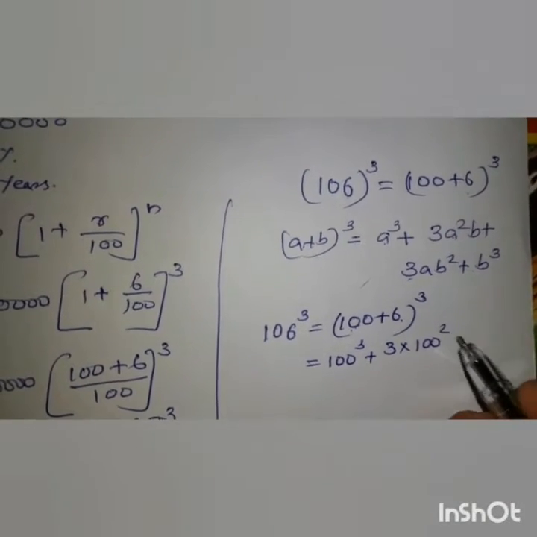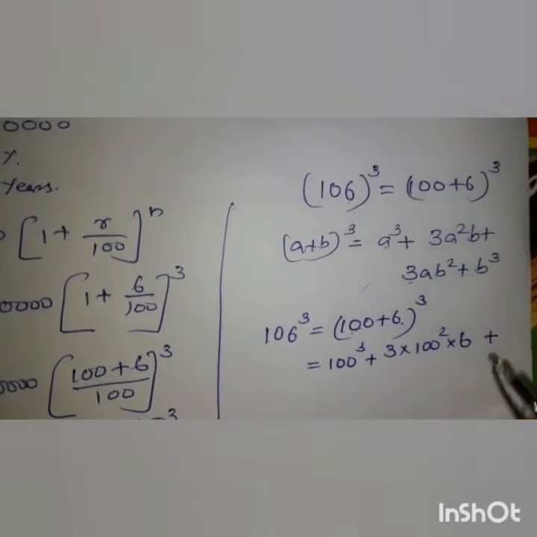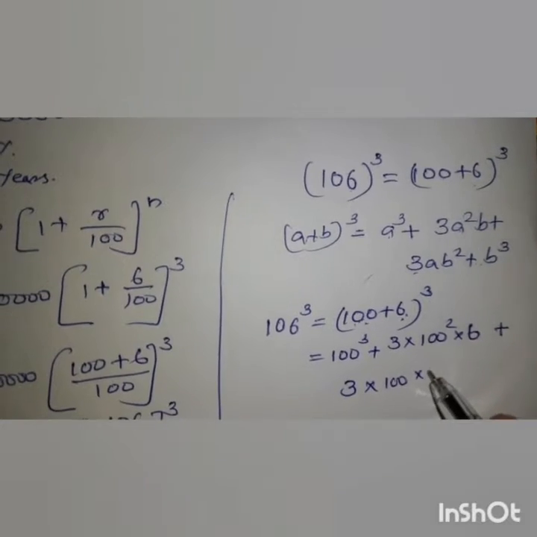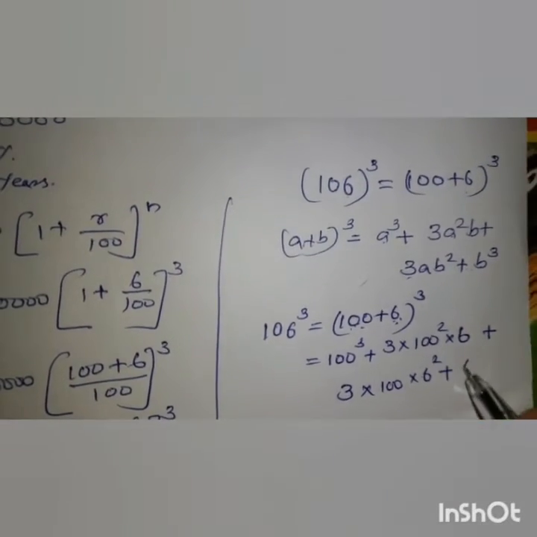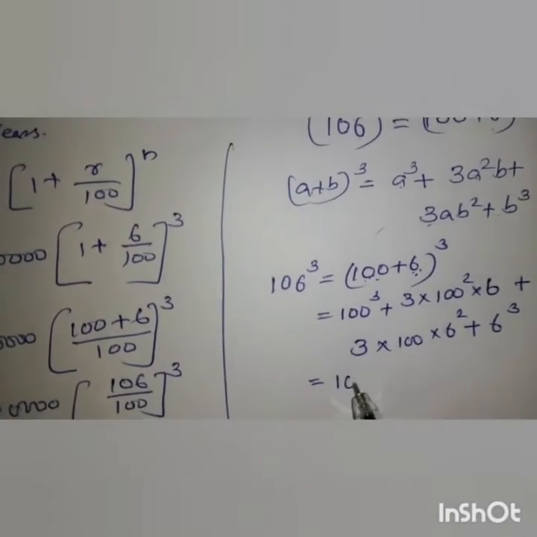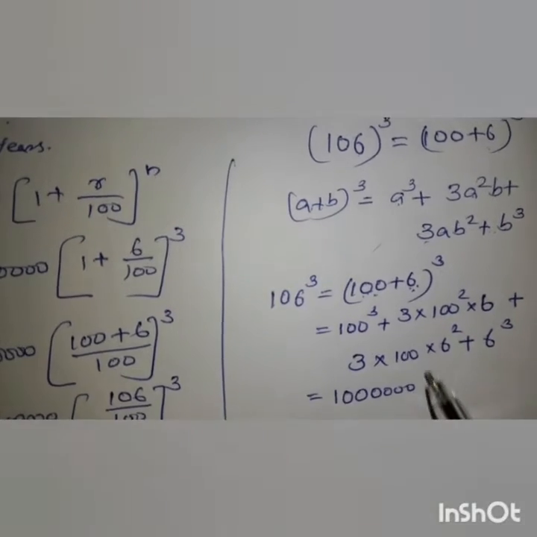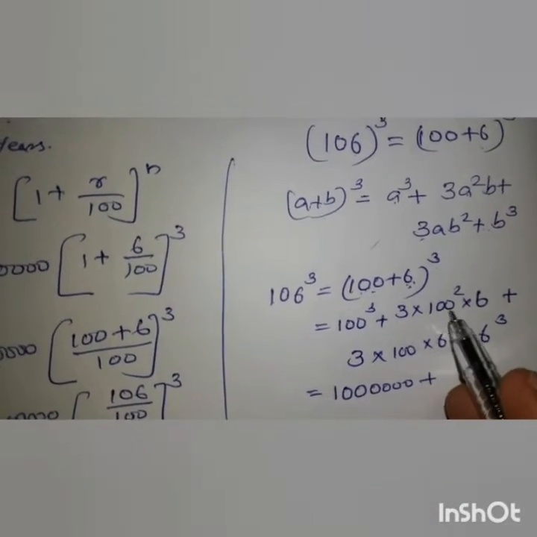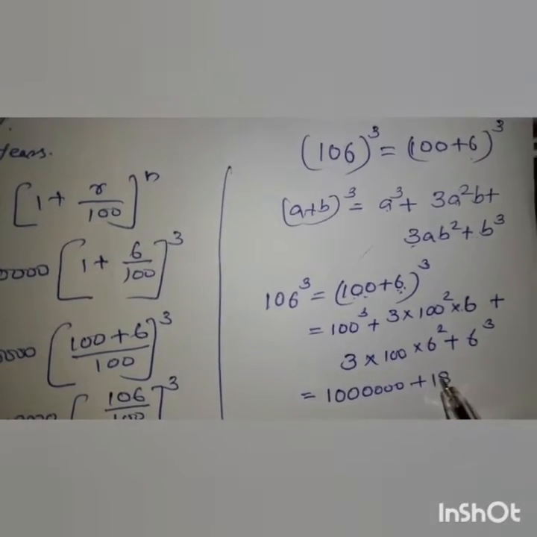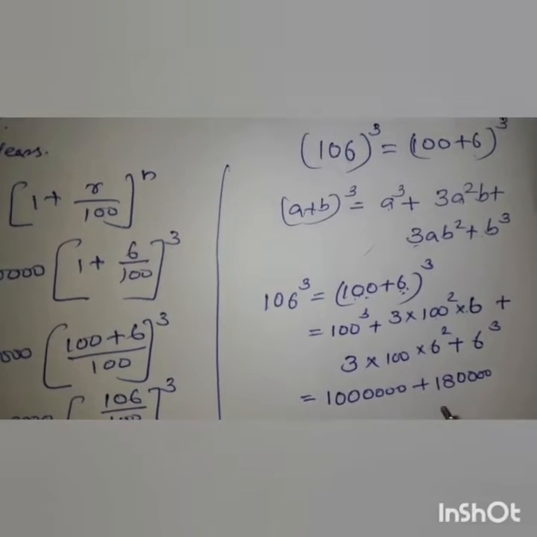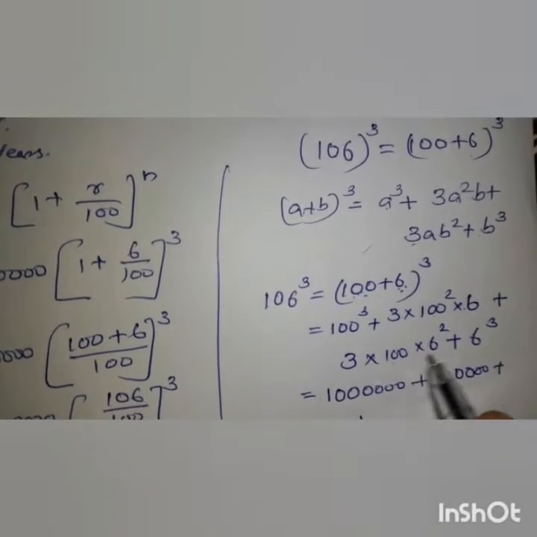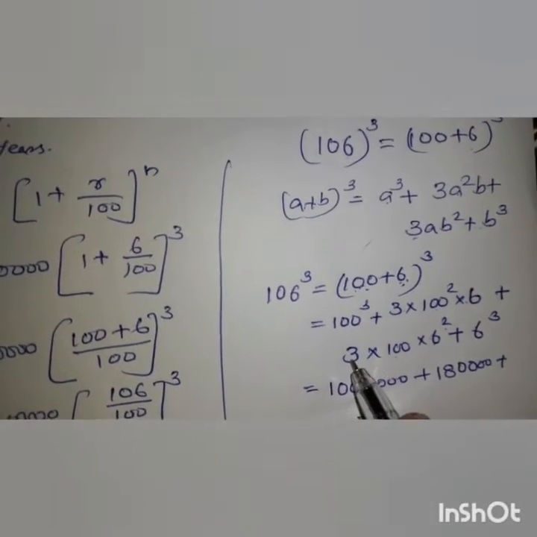A square is 100 square, b is 6, plus 3ab square, 3 into 100 into 6 square, plus 6 cube. 100 cube is 1 followed by 6 zeros, plus 3 into 100 square into 6. 6 3s are 18, so that is 180,000 plus 3 into 100 into 6 square. 6 square is 36. 36 into 3 you have to find out.